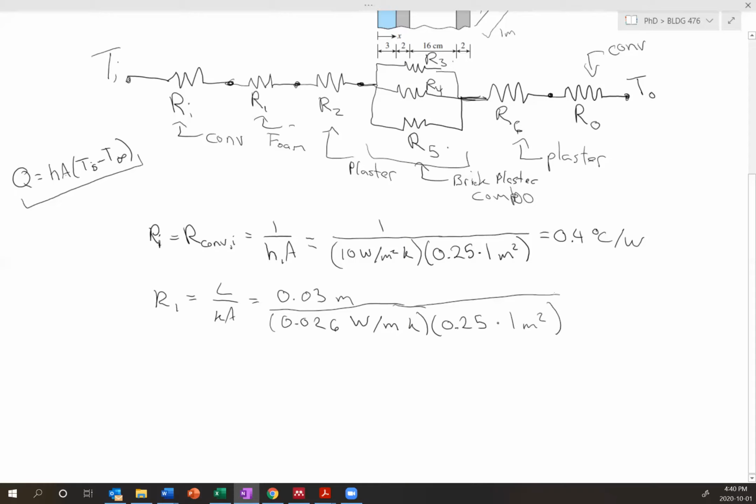Yeah, so in both cases, the 0.25 comes from the 22 plus the 3, the 1.5 on each end. Hopefully it's clear. This is 4.62.